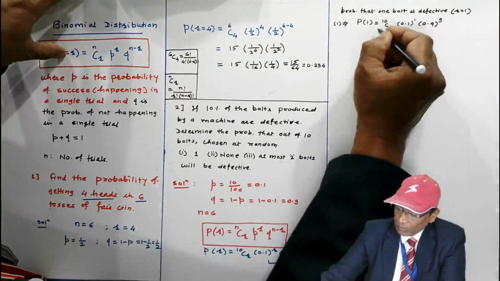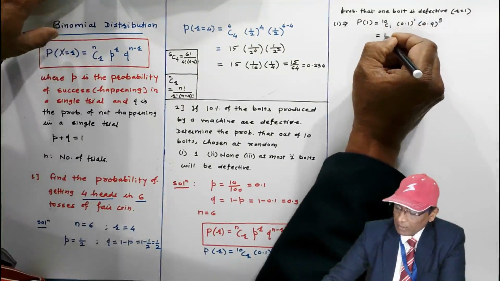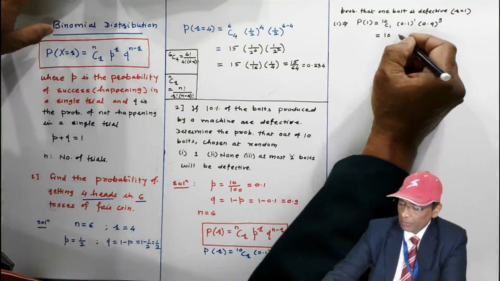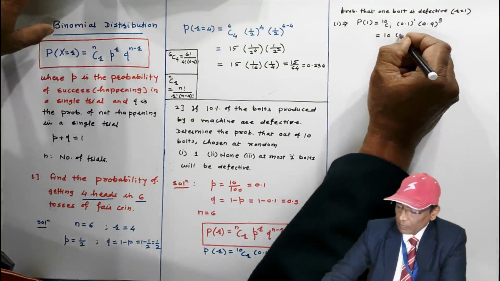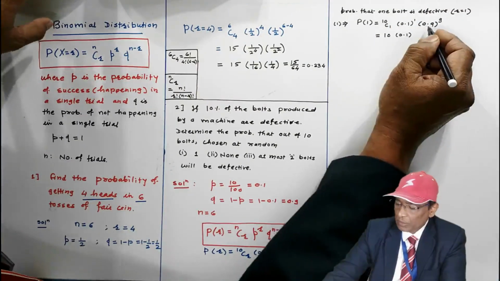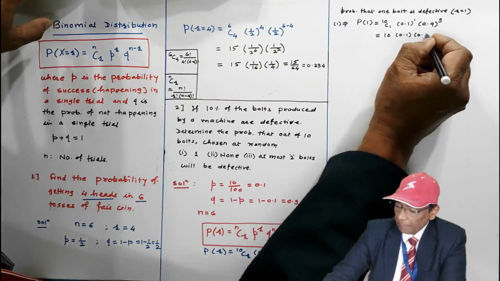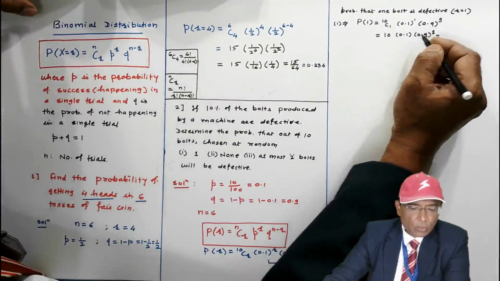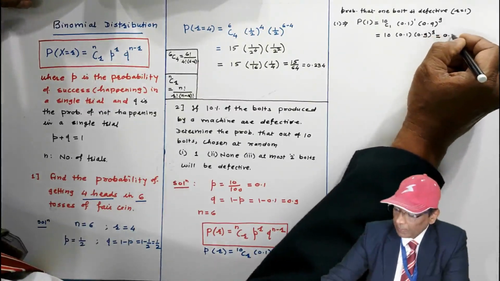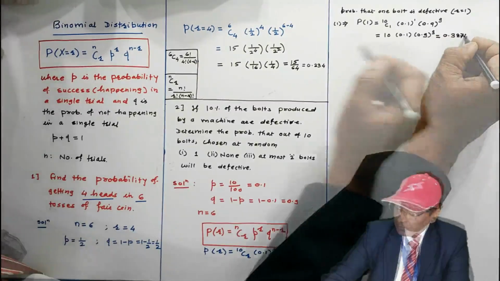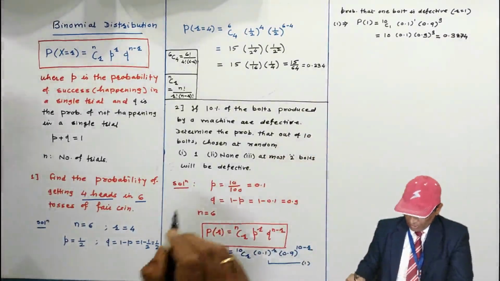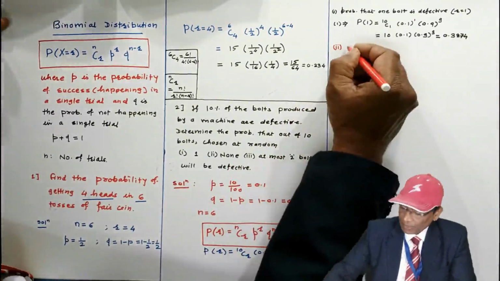Now 10C1 is 10, use a calculator and get the value. 10 multiplied by 0.1, multiplied by 0.9 power 9. It is 0.3874.